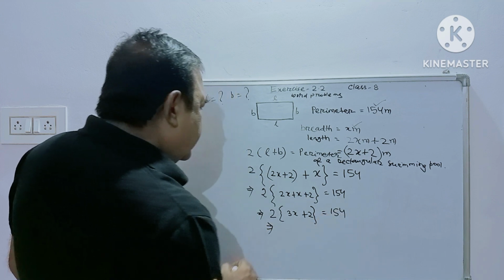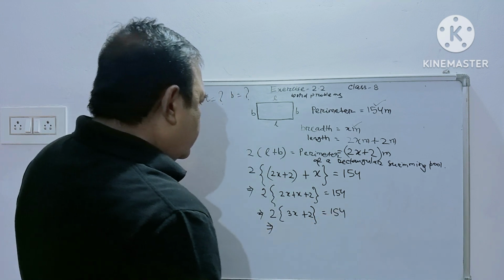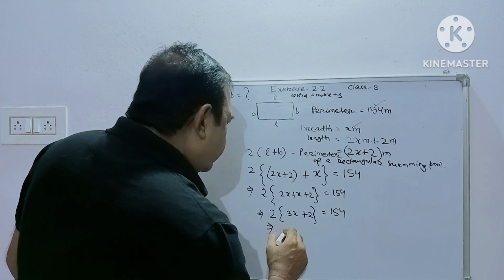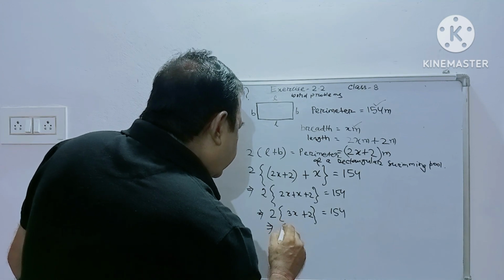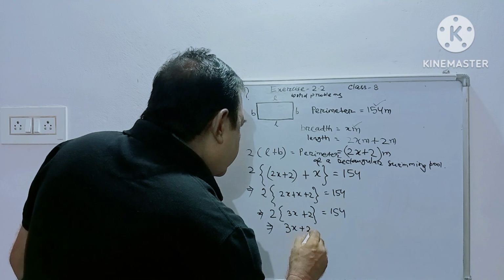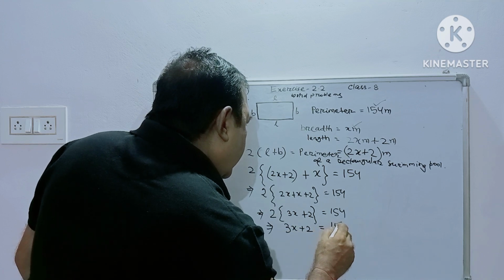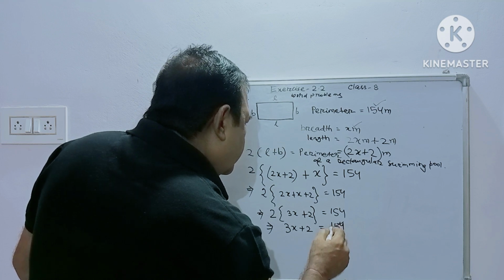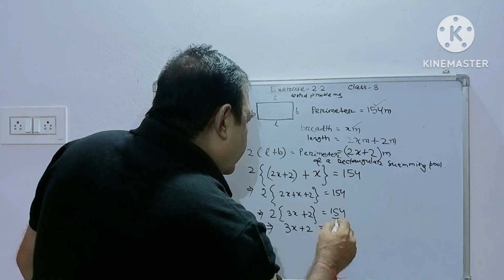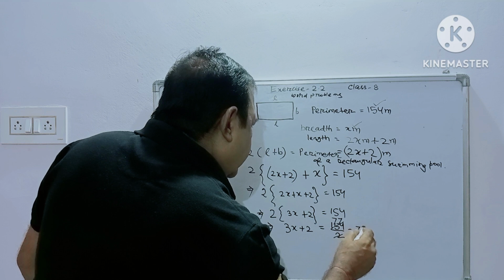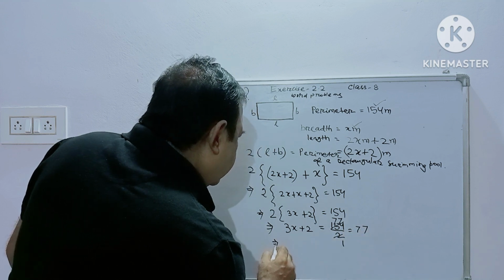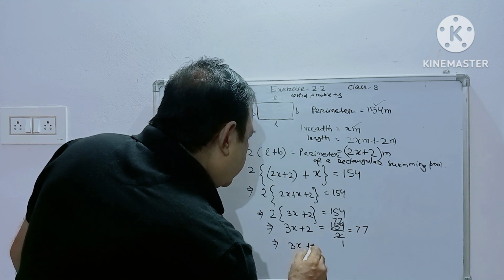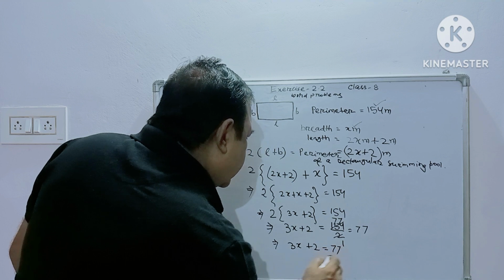That implies, we may do like this, 3x plus 2 is equal to 154 divided by 2. 2 ones are 2, 2 sevens are 14 and 2 sevens are, that is 77. That implies 3x plus 2 is equal to 77.